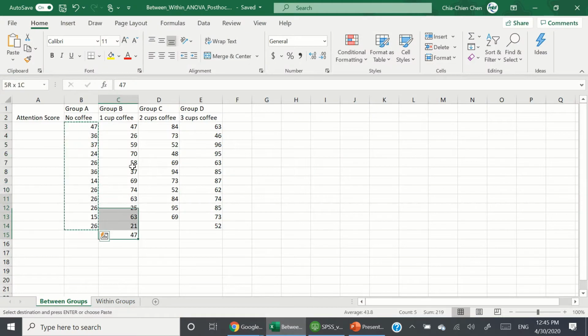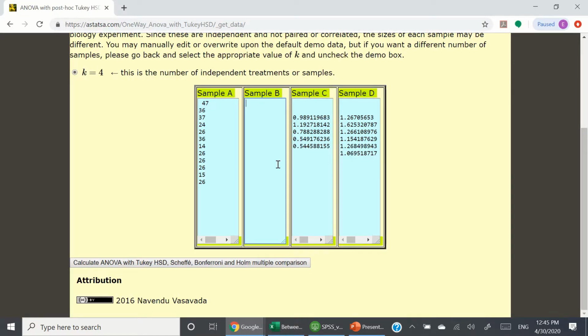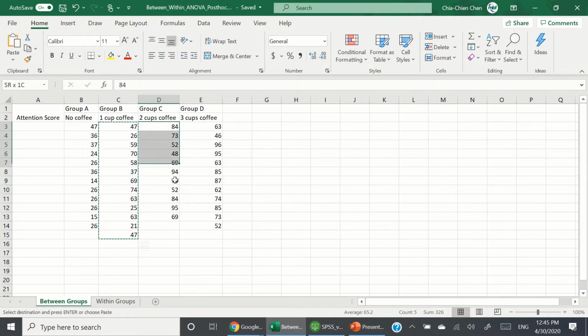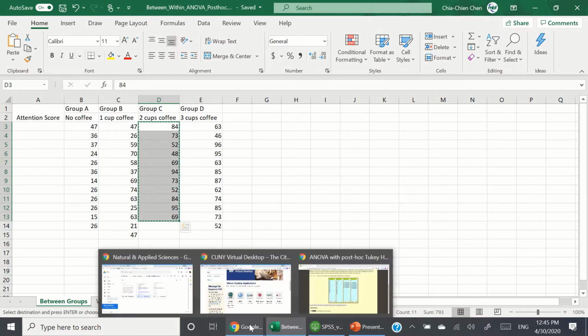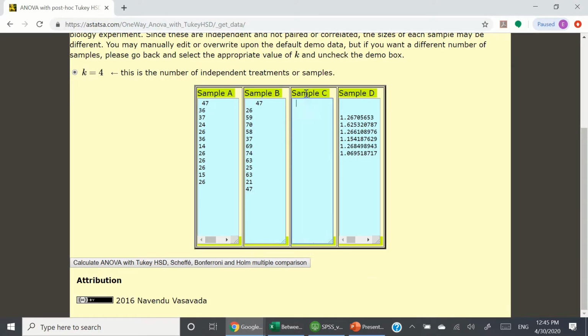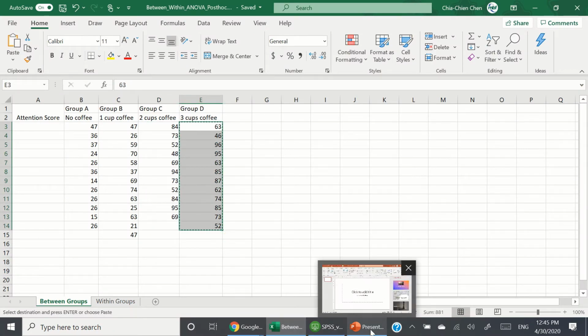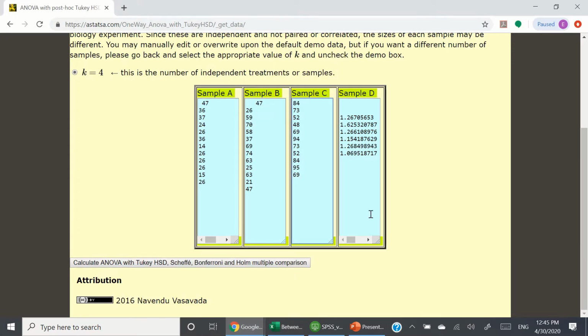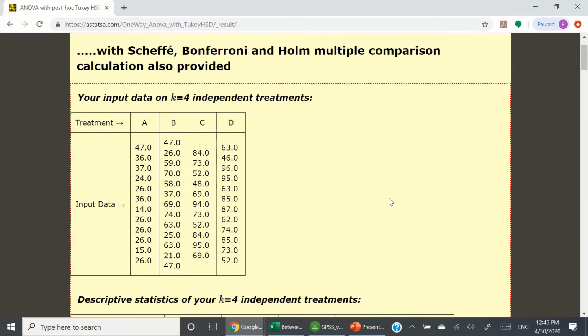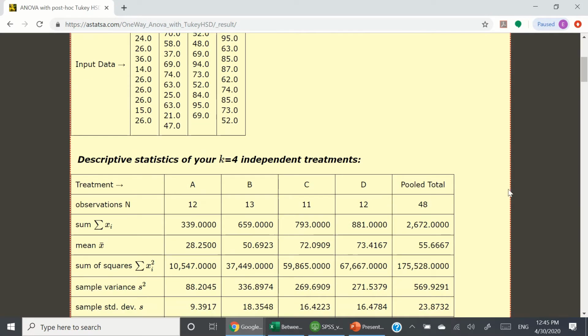Do this a couple of times, and then for D as well. Then you can just go do this. So these are all the data that you inputted in there.